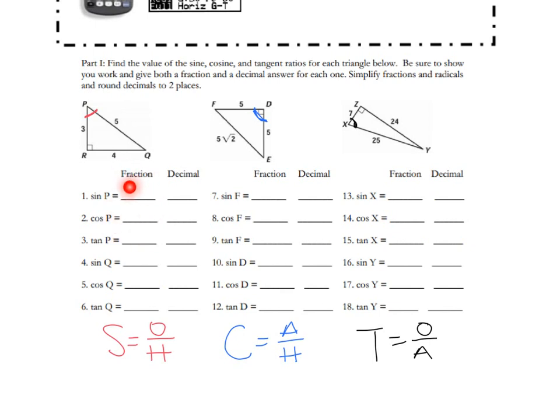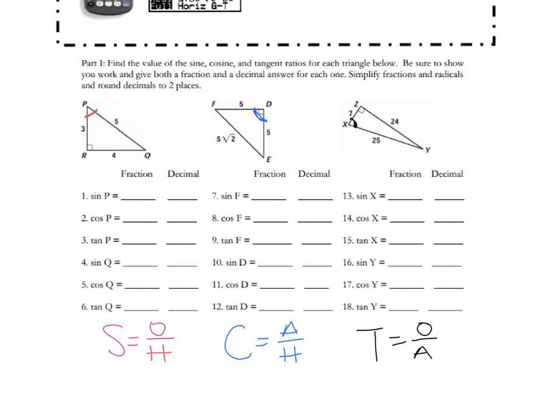So the fraction for sine is opposite over hypotenuse. Our fraction for cosine is adjacent over hypotenuse, and our fraction for tangent is opposite over adjacent. We actually have number values, so that's what we'll be putting here. Once we have the fraction written down, then we can transfer those into decimal form. And that's pretty much all we're doing here. Notice for the decimals, they want us around 2 places, so keep that in mind.